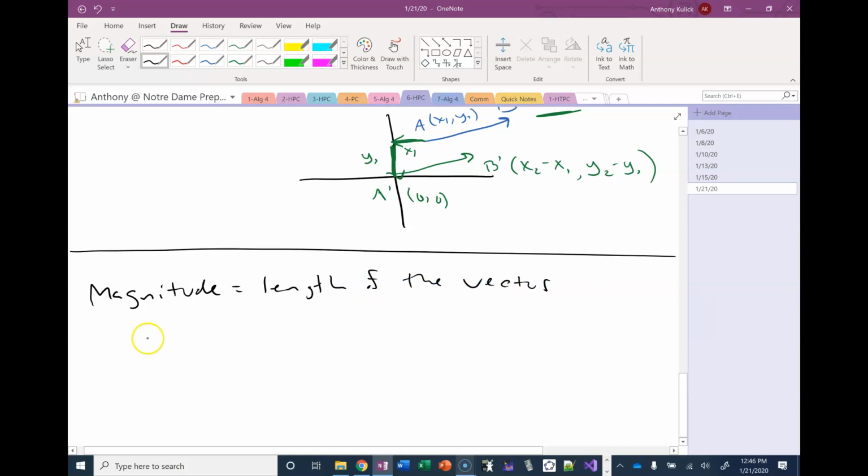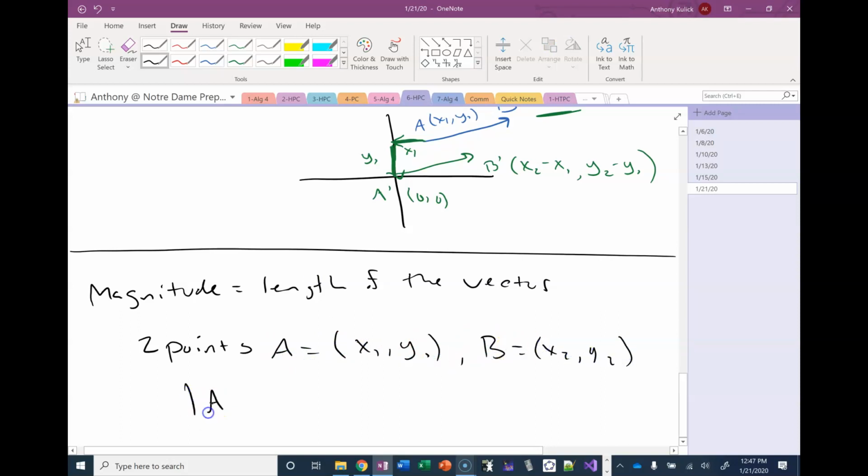So if the magnitude is equal to the length of the vector, if I'm given 2 points, A is x1, y1, and B is x2, y2, the magnitude of AB then is just going to be the distance between these 2 points, right?